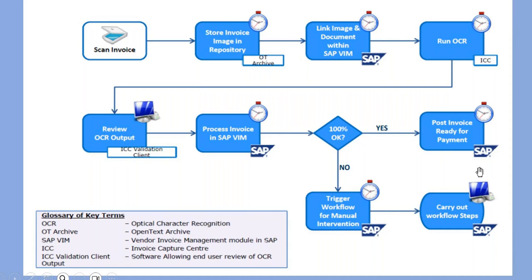Payment run is not part of VIM anymore. So end-to-end processing is only from ingestion of the invoices to the posting of the accounting document. So this is the overall overview.